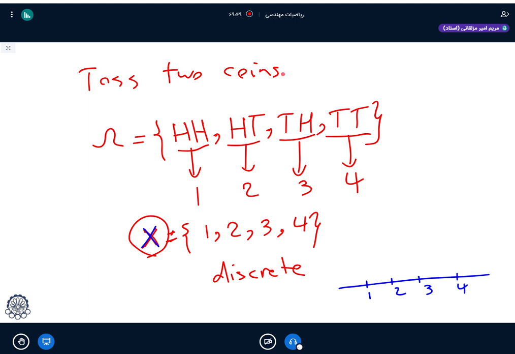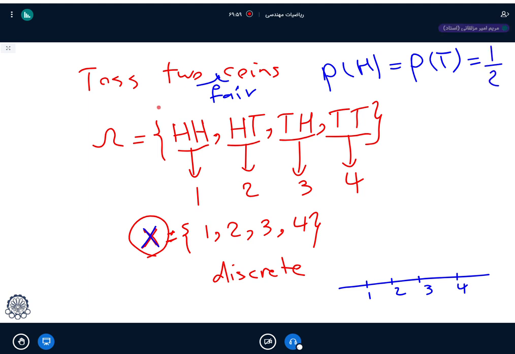Again, suppose that we have 2 fair coins. The probability of heads and the probability of tails are equal for the 2 coins. Can you say what's the PMF at 1? A quarter, Doctor, 1 over 4. Yes, for all of them. Yes, exactly. Thanks.